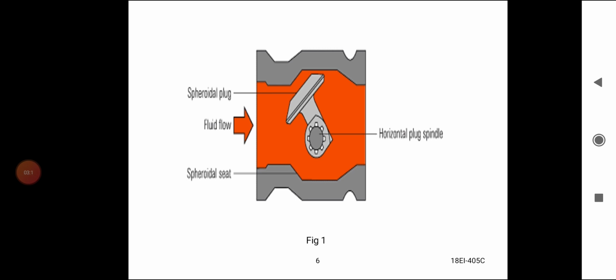Here we can see the actuator, the horizontal plug spindle, a spherical plug and a spherical seat. So the plug is rotating inside the valve body against the flow of fluid.